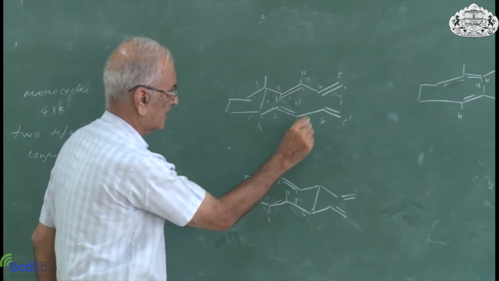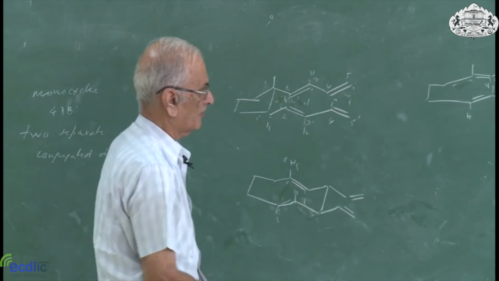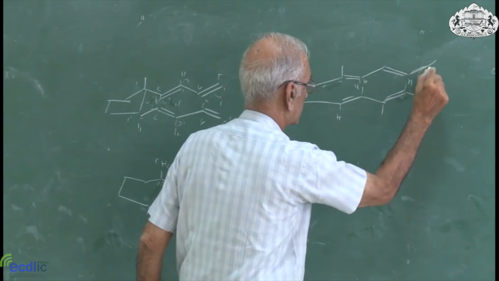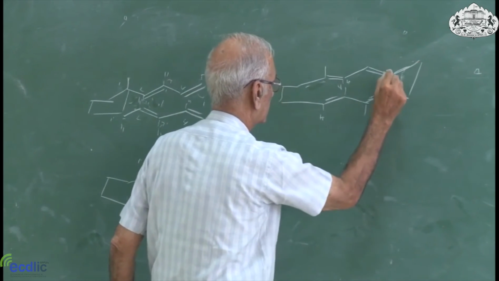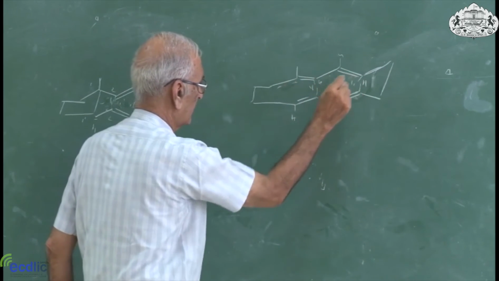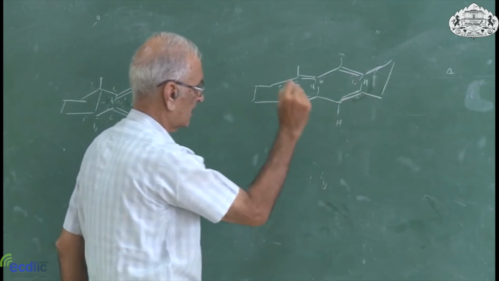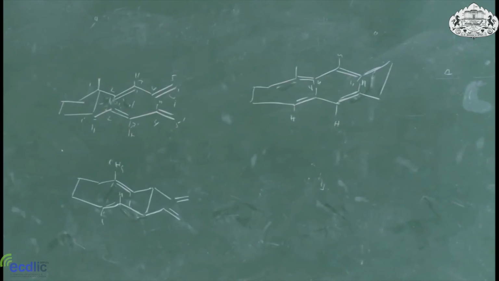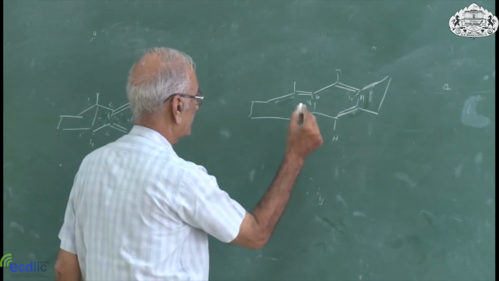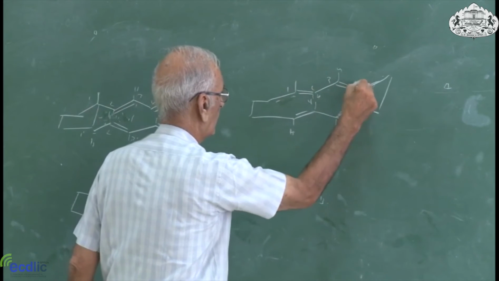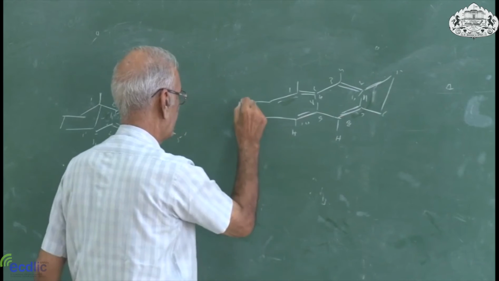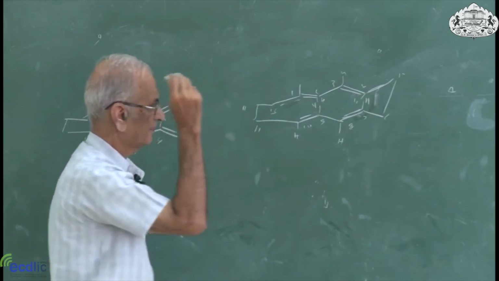Hydrogen and hydrogen trans, this hydrogen and this hydrogen trans. This double bond trans, this double bond trans, this double bond trans, this double bond trans. How many membered ring do I have? 1, 2, 3, 4, 5, 6, 7, 8, 9, 10, 11, 12, 13.